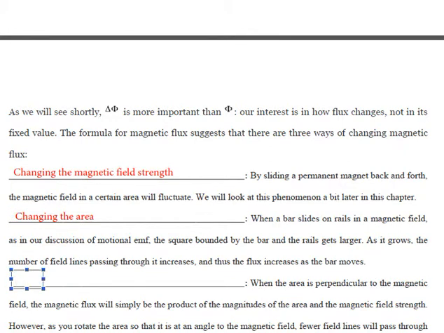And then last way we would be able to change the amount of flux would be to change the angle.